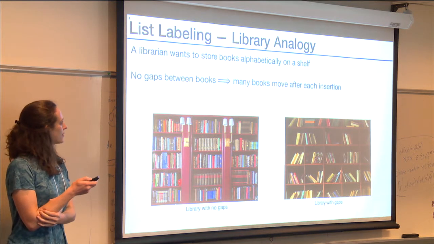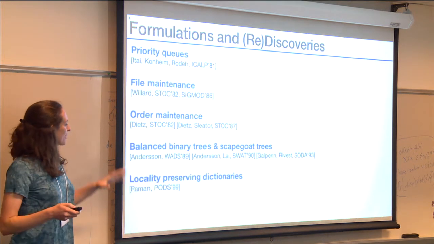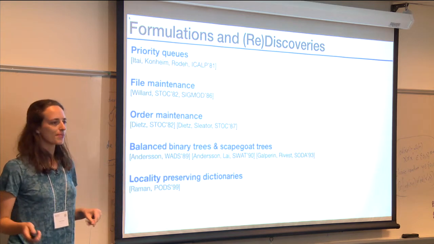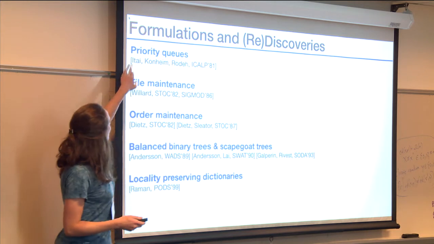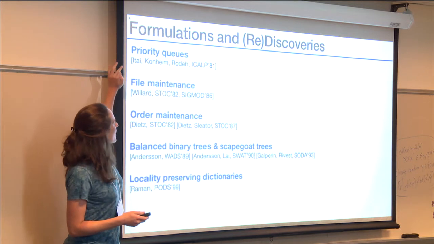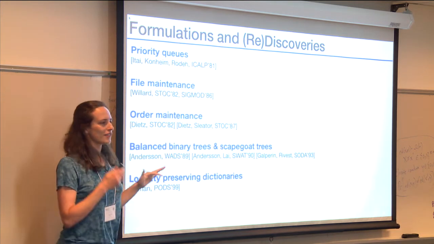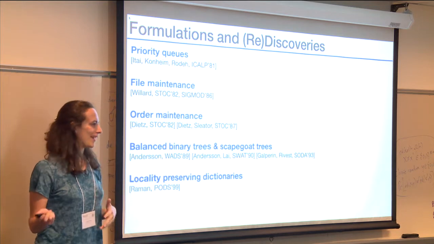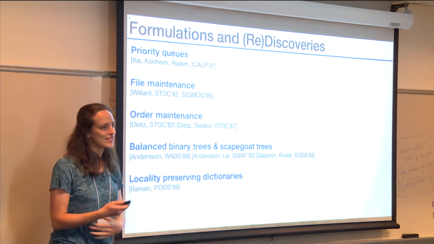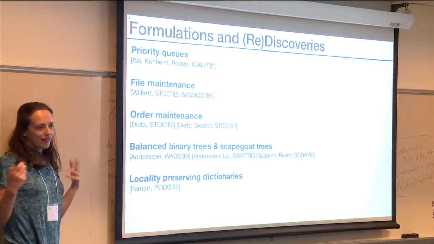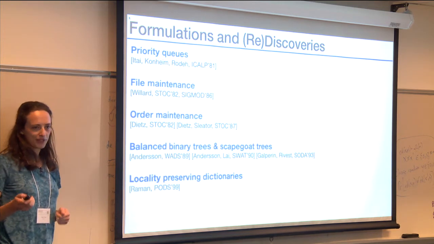Good. So I'll go really briefly through some history on this problem. This is quite an old problem. It was originally introduced in 1981 by Itai, Konheim, and Rodeh. And it has been rediscovered several times independently in several different contexts through the 80s and 90s. Additionally, it has found a number of applications.